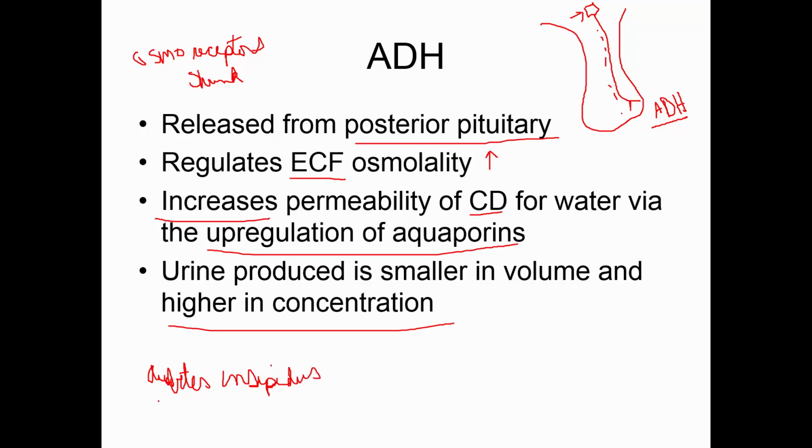They cannot make ADH, so they cannot concentrate the urine. So they have to drink a lot of water. This is a disease that was called in the old days the pissing evil, which I think is hysterically funny.